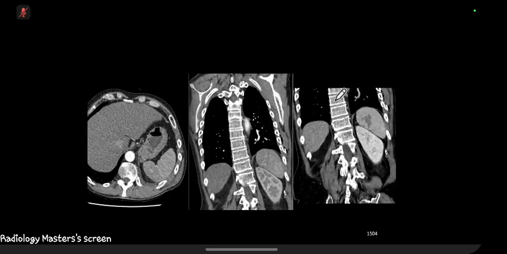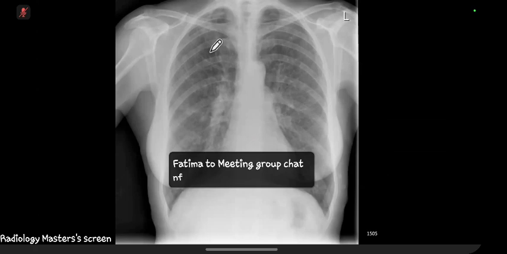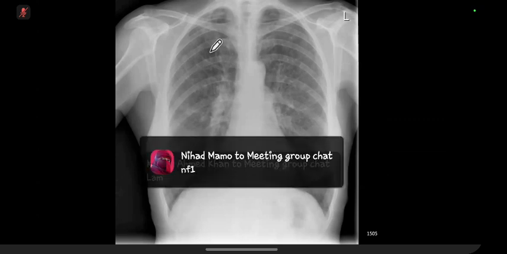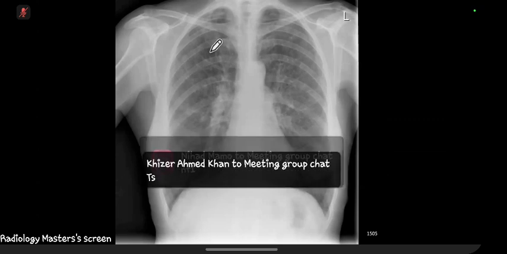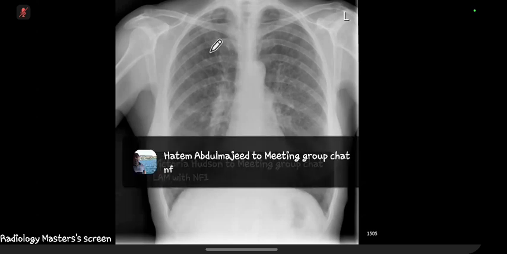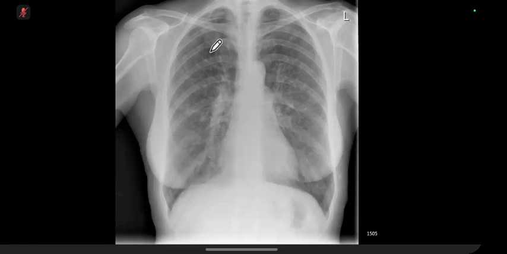What are these things here? Any thoughts? Neurofibromatosis, yeah. So there are the neurofibromata, and there's a mixture of emphysema and cystic lung disease.